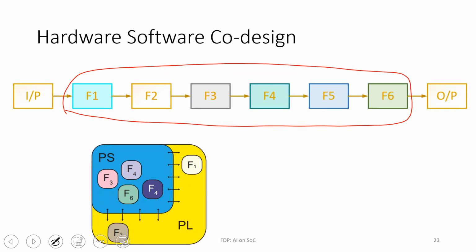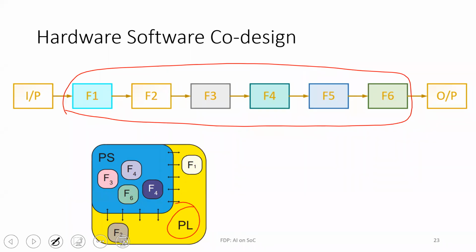On the ARM processor, I have the co-processor which can do the SIMD, that is single instruction multiple data, or floating point unit which can do the floating point operation, and also have the yellow color part which is the programmable logic, which we also call an FPGA. Now how will I decide which part of my algorithms will be mapped to the FPGA and which part will be mapped on the processor?